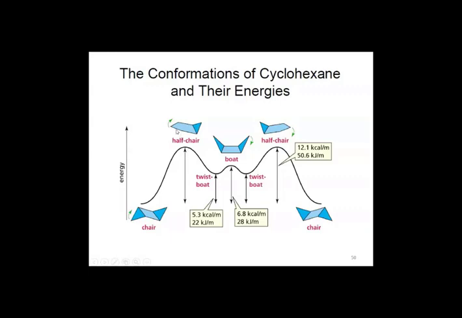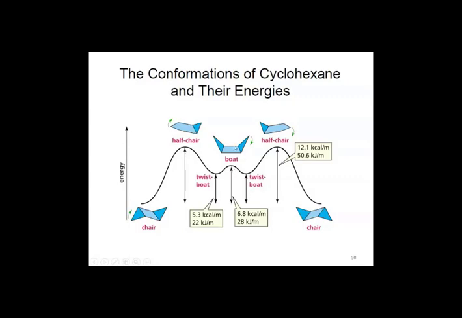When this side is further flipped, we get the boat conformation. In between these two, we get the twist boat conformation, which has lesser energy. And when we move to the boat conformation, the energy increases and the stability decreases.